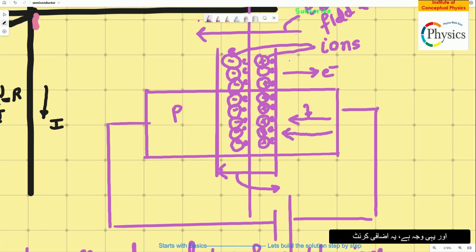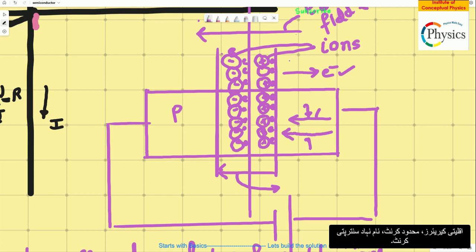This is the reason for the extra current that gets created because of these electrons. This is the standard saturation current, which gets saturated because of the limitation of the number of minority carriers on either side. Both sides have limited minority carriers, limited current, the so-called saturation current.